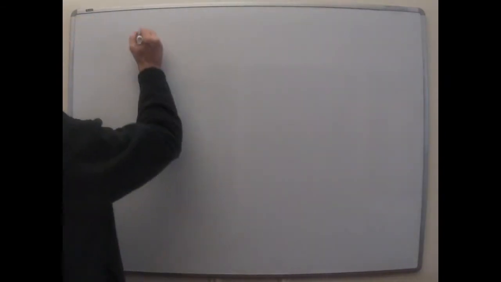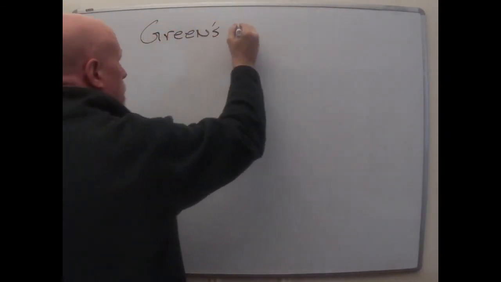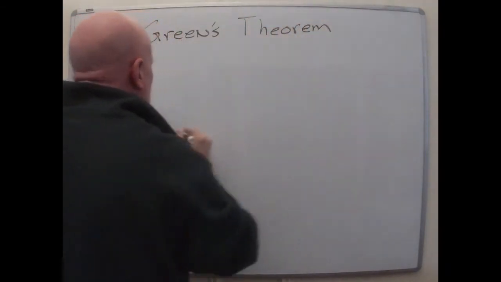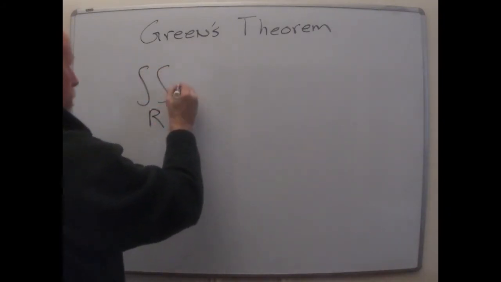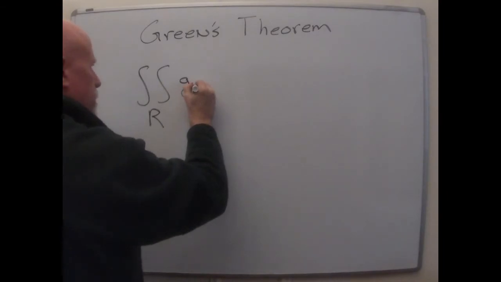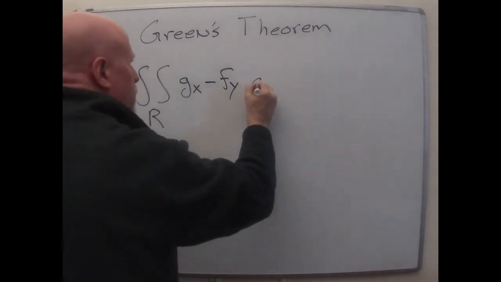So let me do a quick recap of Green's theorem. One thing is a double integral over the region of the curl, which is g sub x minus f sub y, with respect to area.